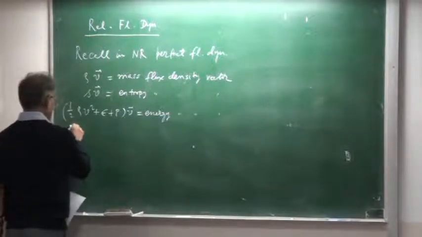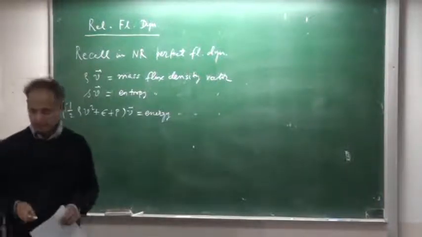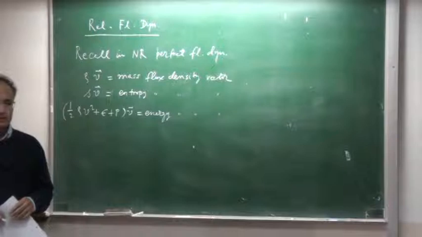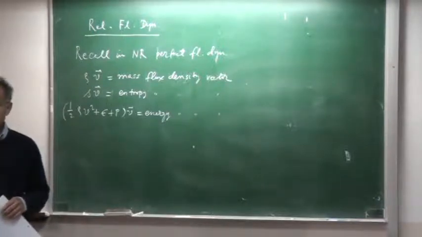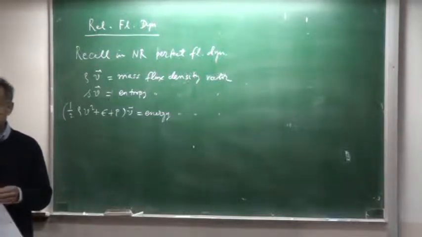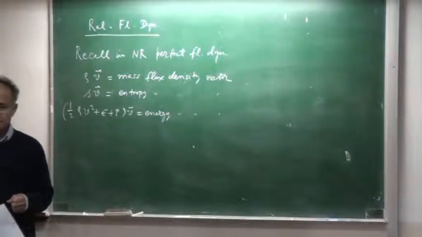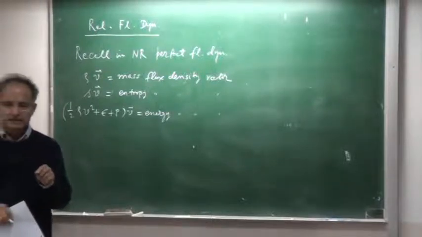Now, what is the local rest frame? I defined a local rest frame, or a co-moving frame. What was that? The fluid is moving. Locally it is at rest there.